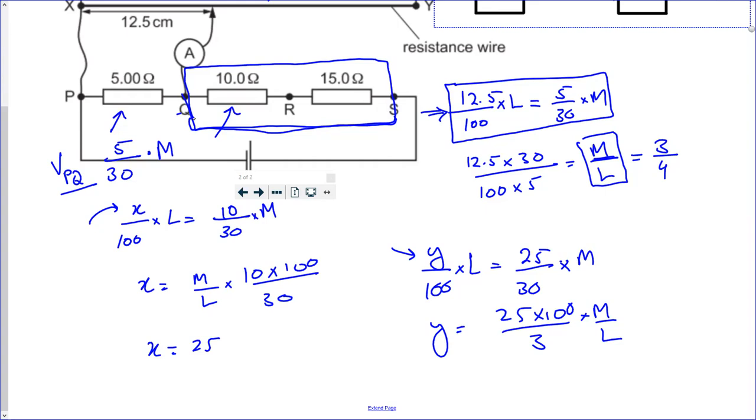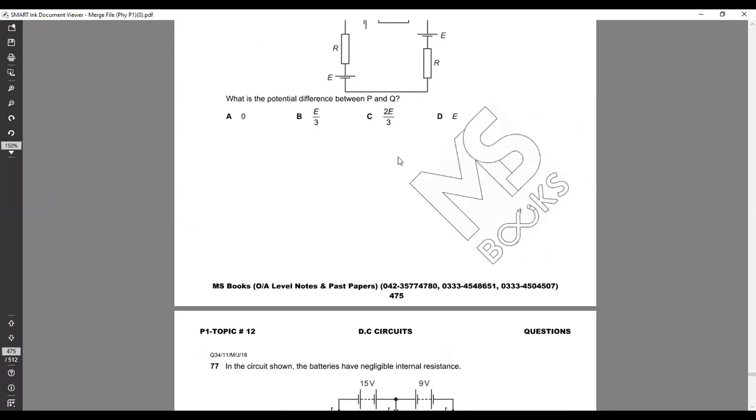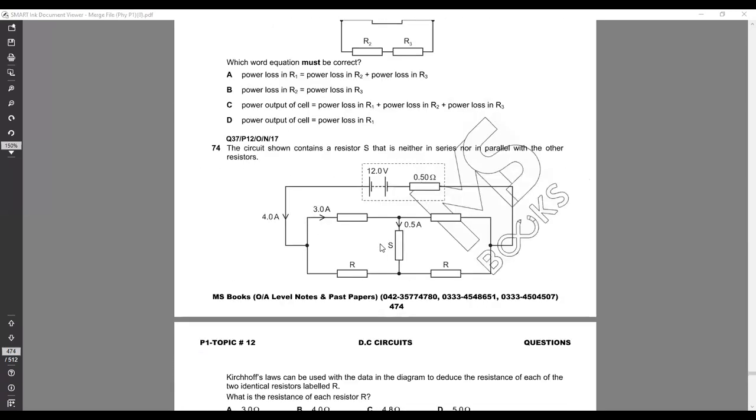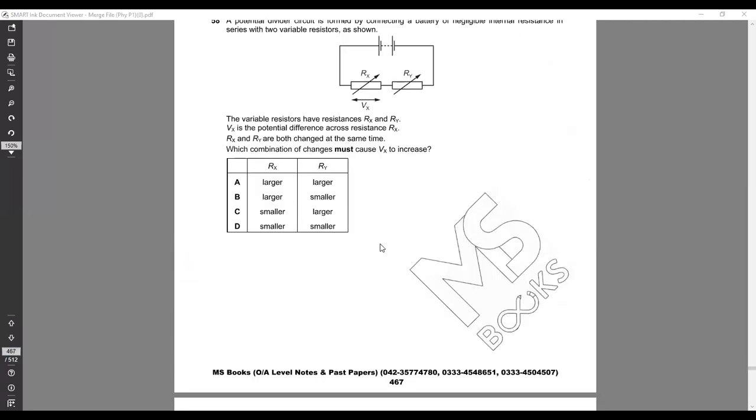You need to practice a lot of questions. There are a lot of questions in the past papers on this technique, where they use a wire. There will be many other questions. Like question 15, which I just skipped, was the same.